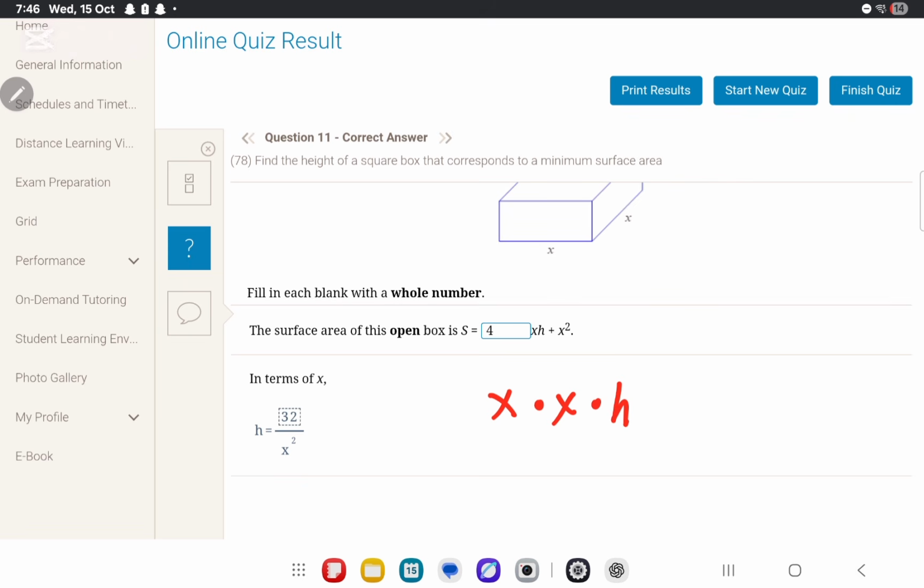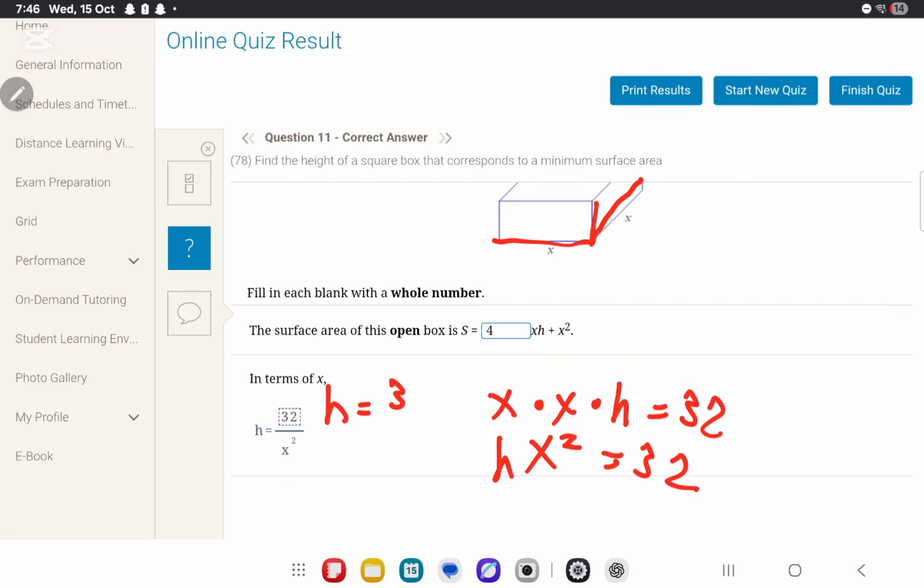Because length times width times height is equal to 32. This was given. So it's gonna be x squared times height, or hx squared, is equal to 32. Okay, so in terms of x, we want to find h. So h is equal to 32 over x squared, and that's the answer.